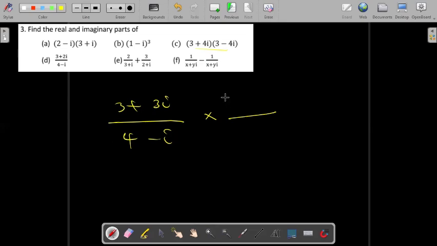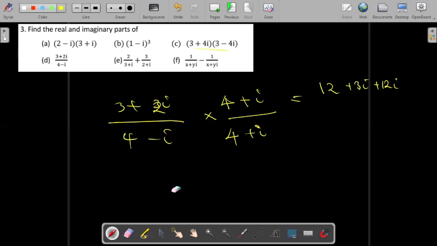The conjugate of 4 minus i is just 4 plus i, and you multiply that in the denominator also. Then on top you get 12, 12 plus 3i, then plus 12i.